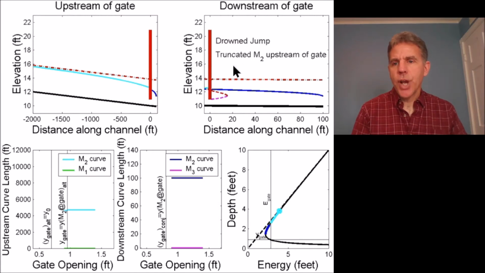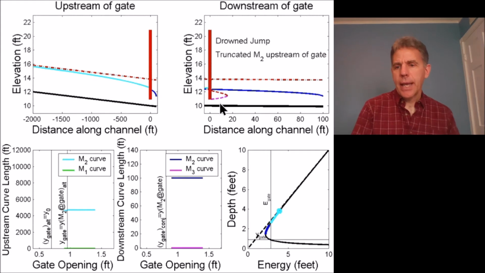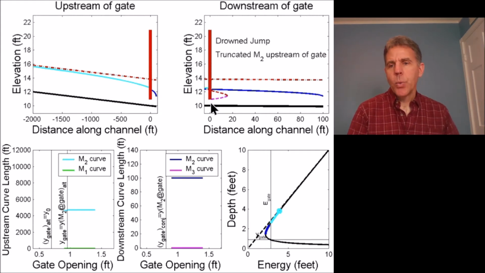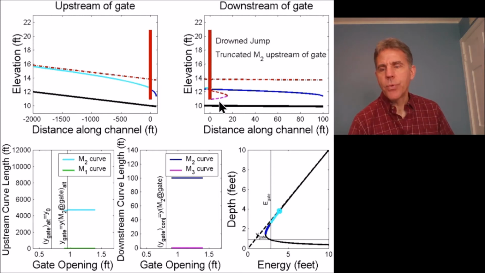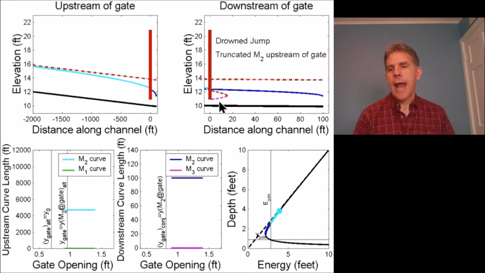For the drowned jump, we have the gate setting up a depth which is basically small enough that its conjugate is met by the M2 curve.